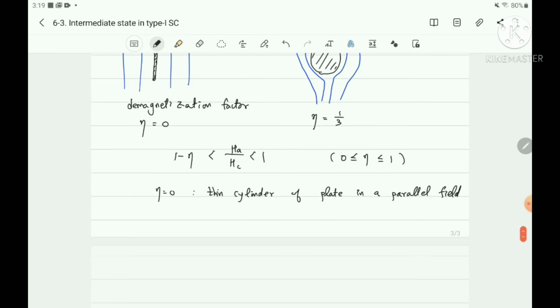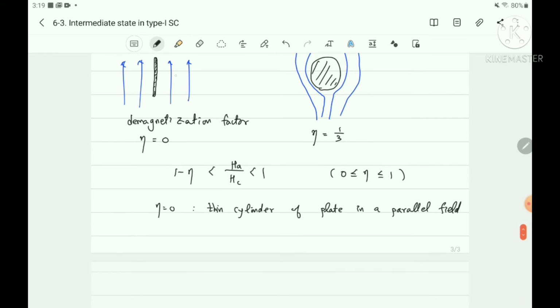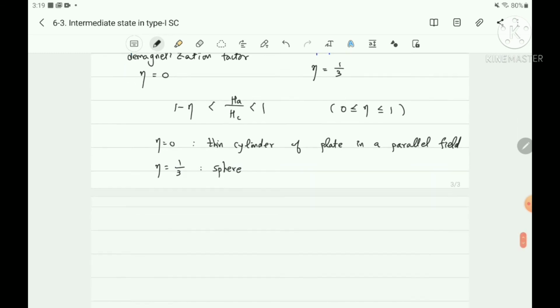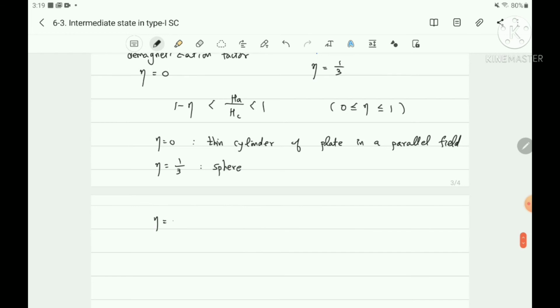This case is demagnetization factor equal to 0, and eta equals 1/3 for a sphere, and eta equals 1/2 for a cylinder in a transverse field.